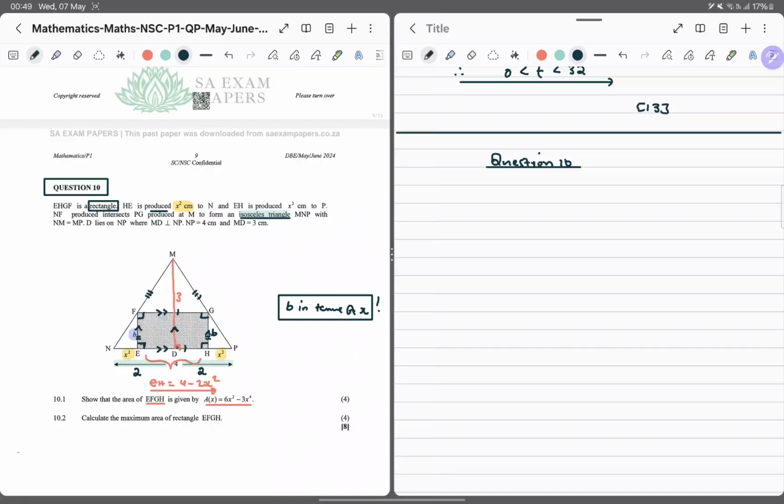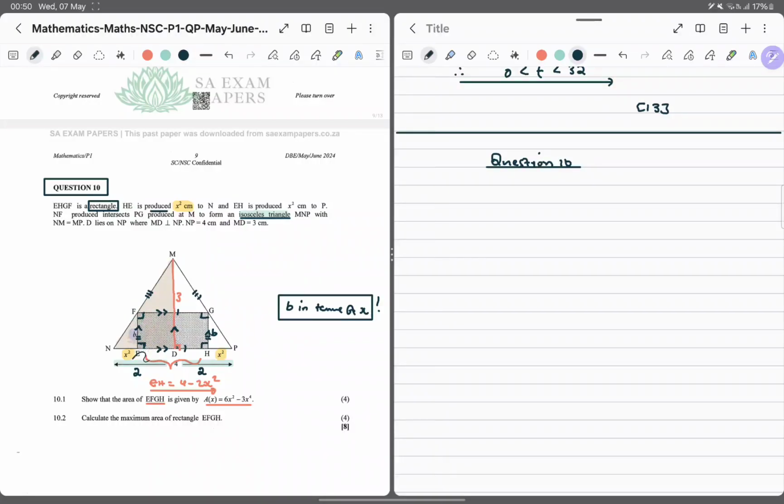Okay? So now let's have a look. What can we do? We can clearly see that we need this triangle MND, right? So essentially, guys, we've got this shaded triangle MND or DNM or DMN, okay?